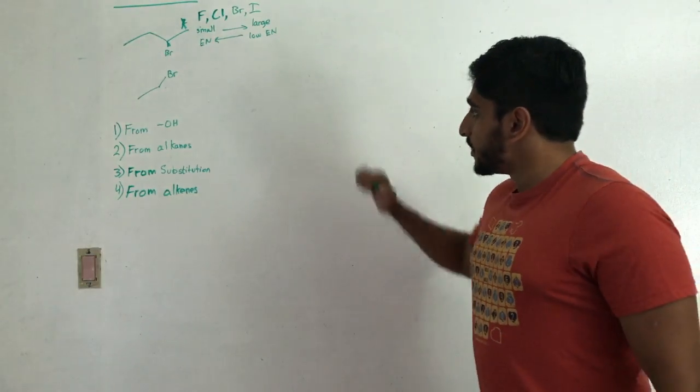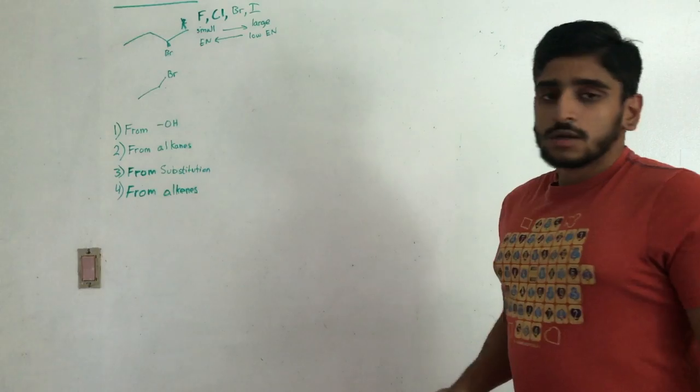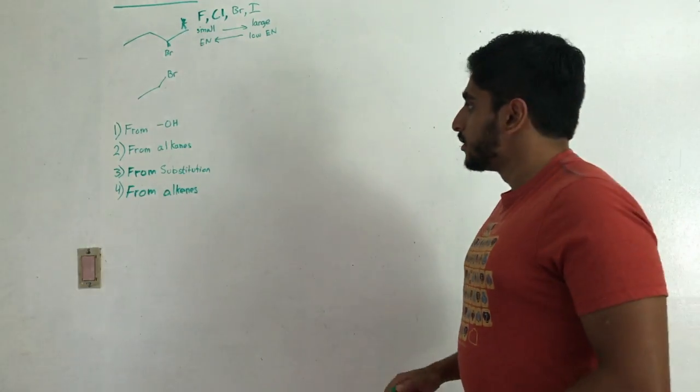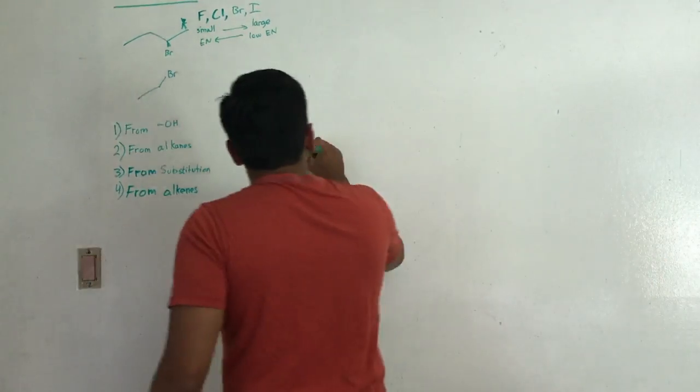So now that we've gone over making a haloalkane from an alcohol, let's start off with making a haloalkane from a simple alkane.